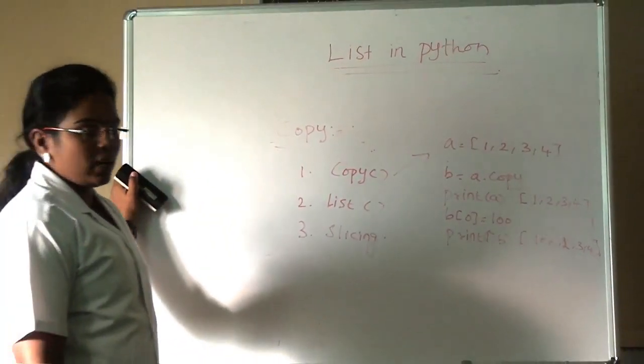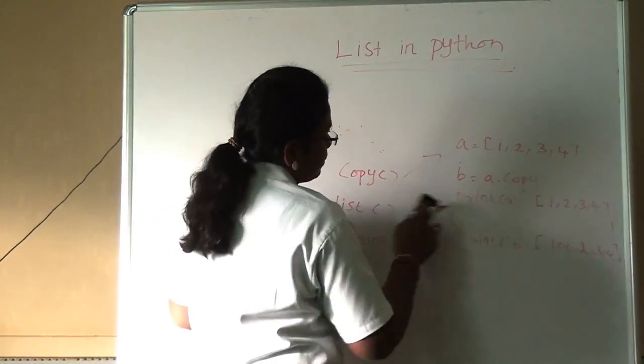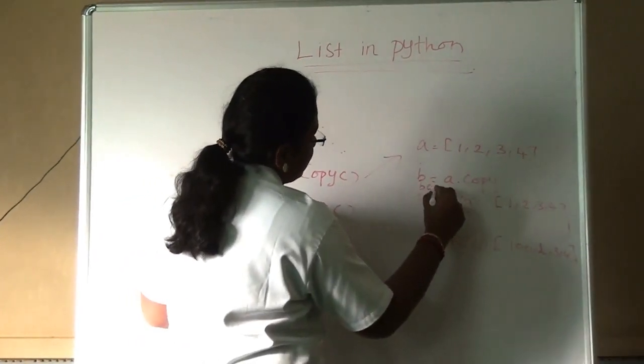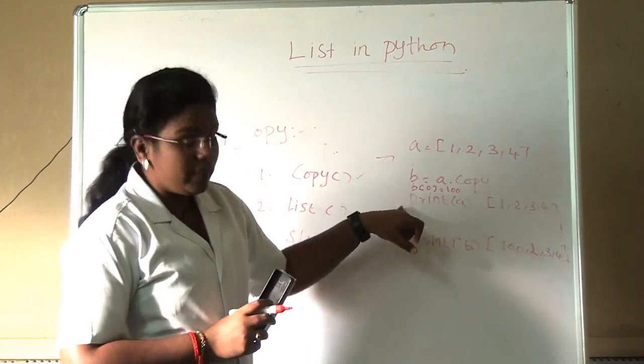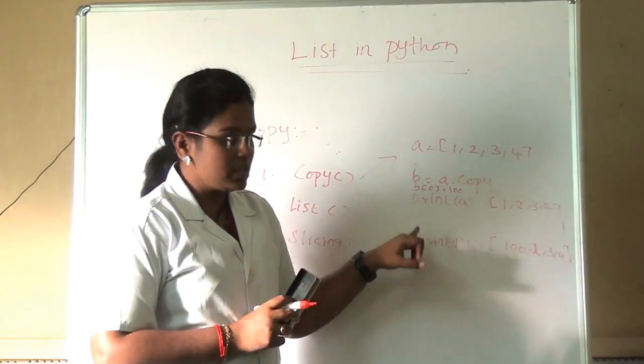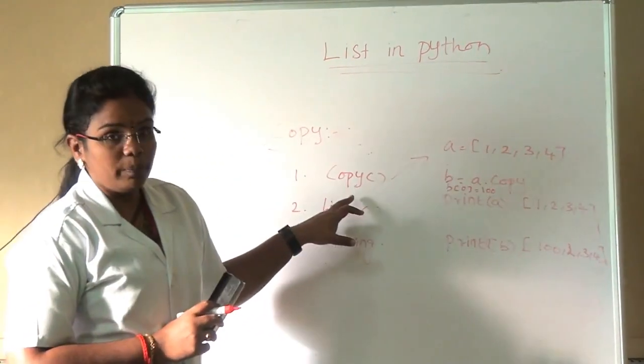The changes cannot be reflected in the original one. Even after the statement B of 0 equals 100, the changes cannot be reflected in A. The changes are only in B alone. So that is the copy method.